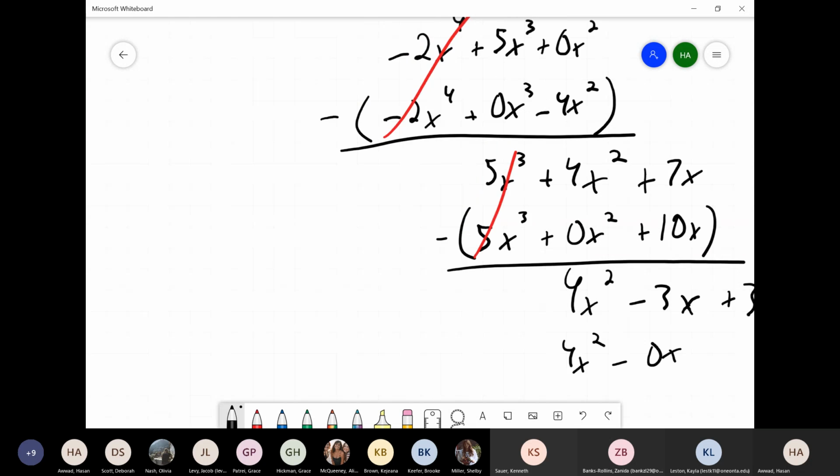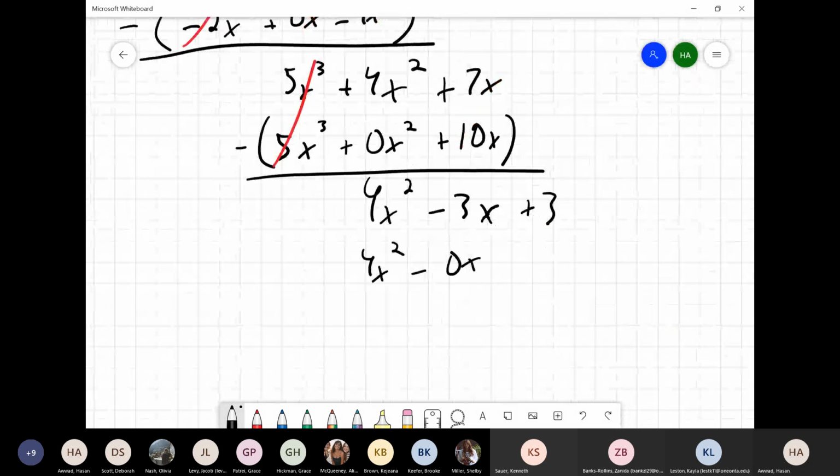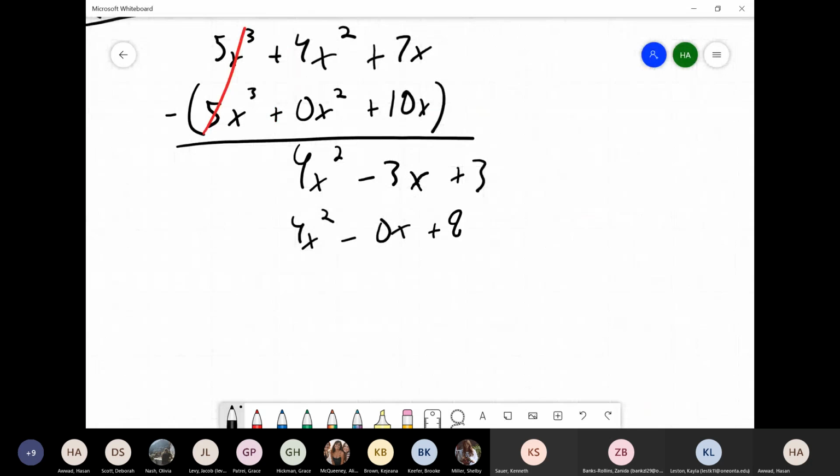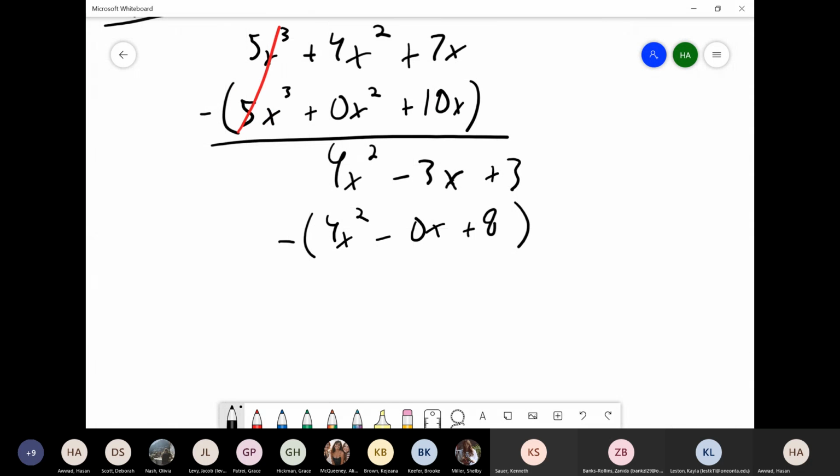And then 4 times, what was the number? Positive 2 gives me a positive 8. And when I do this subtraction, well, 4x squareds are going to cancel. I have -3x, which doesn't do anything, right? -3x just stays -3x. And then we just have the positive 3 minus 8, which is -5.